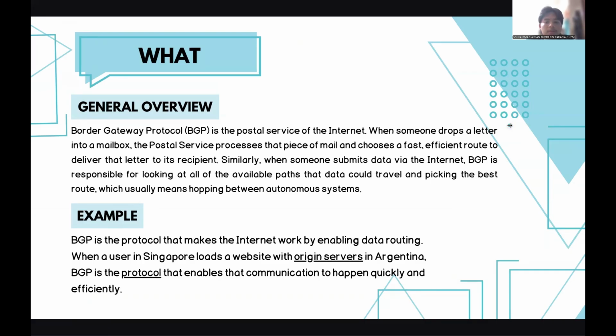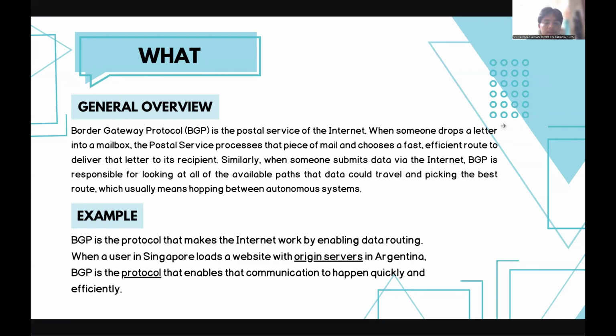When someone drops a letter into a mailbox, the postal service processes that piece of mail and chooses a fast, efficient route to deliver that letter to its recipients. Similarly, when someone submits data via the internet, BGP is responsible for looking at all of the available paths that data could travel and picking the best routes, which usually means hopping between autonomous systems.